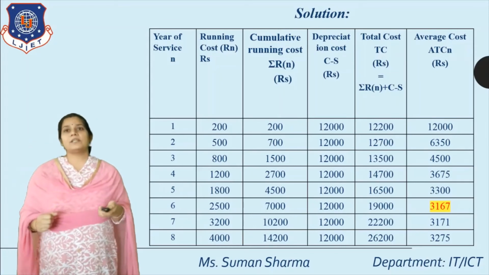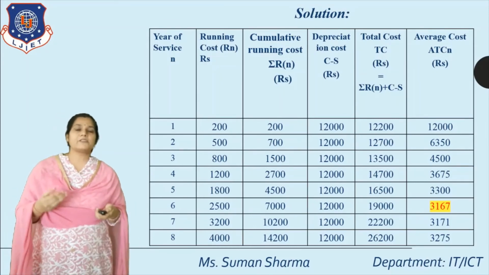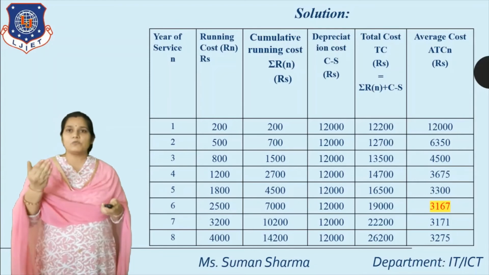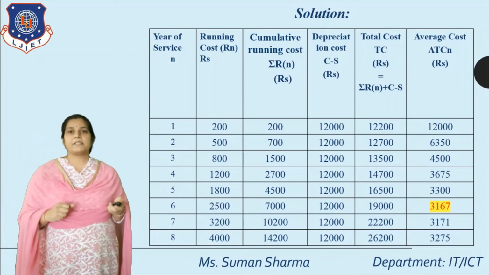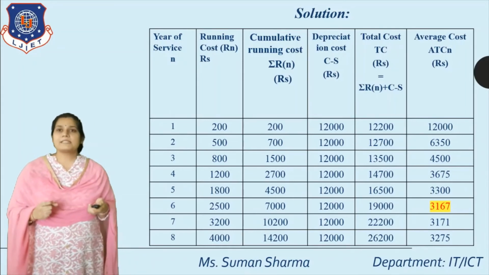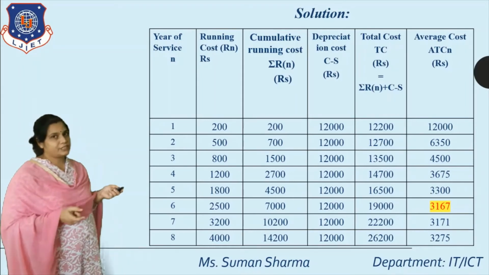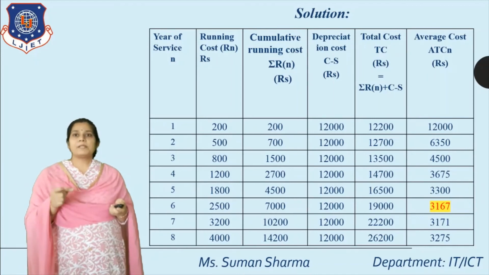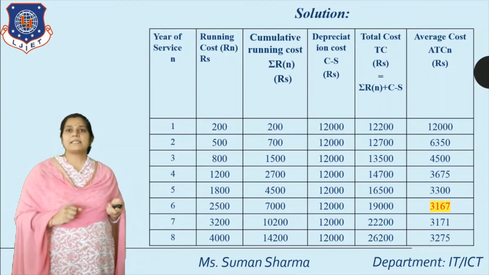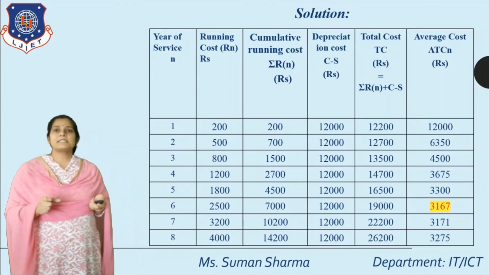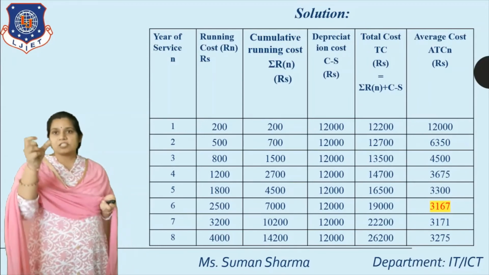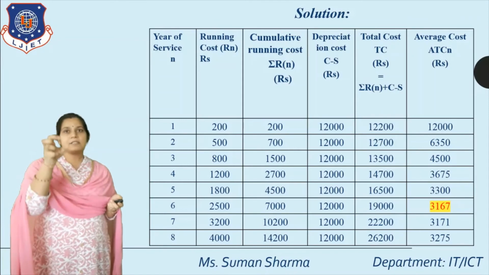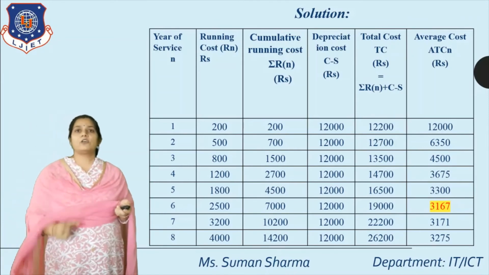First we write 200 as it is. After that we add the next values one by one. So 200 plus 500 equals 700, 700 plus 800 is equal to 1500, 1500 plus 1200 is equal to 2700, 2700 plus 1800 is 4500. Following this pattern, we fill the column of cumulative running cost.